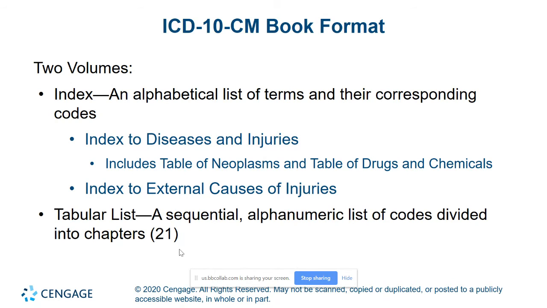Depending on if you're referencing a neoplasm or drugs and chemicals, you may not go to the diseases and injuries first. You may go to one of those tables first. But there's a notation that we'll talk about next chapter that will direct you to the correct place if you go to the wrong place.